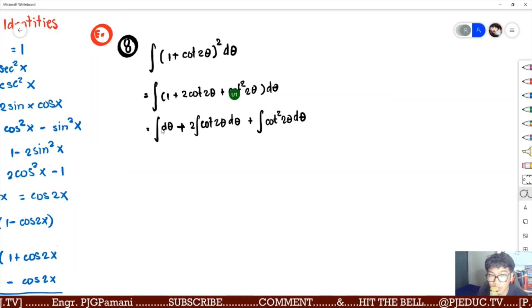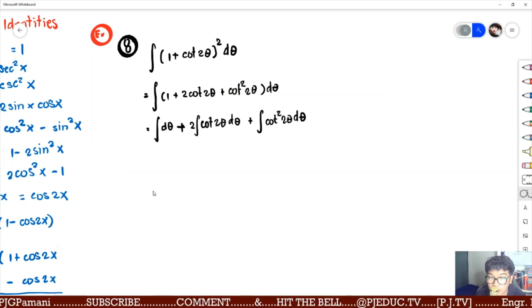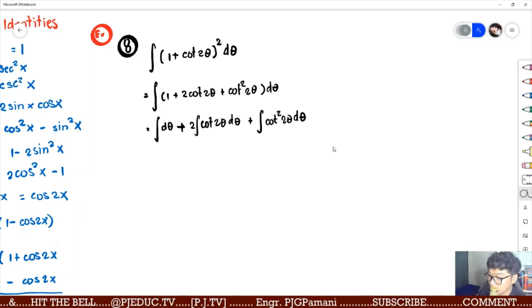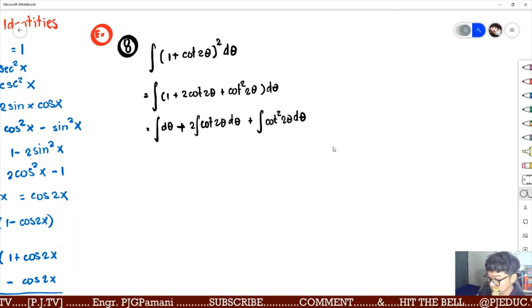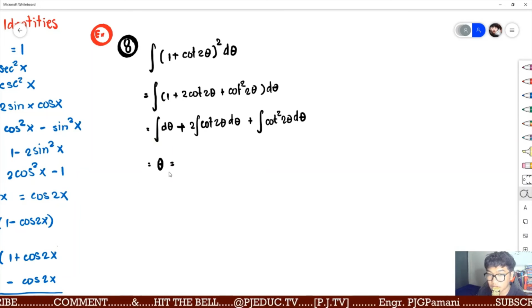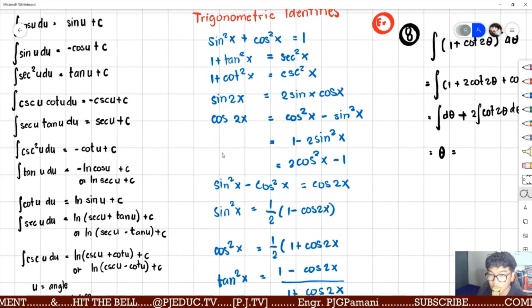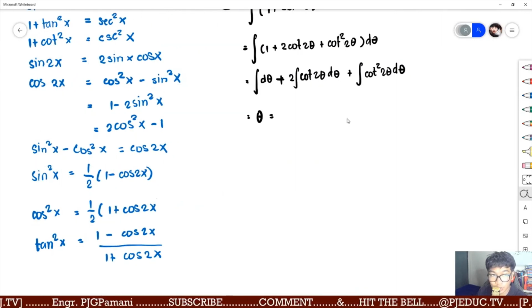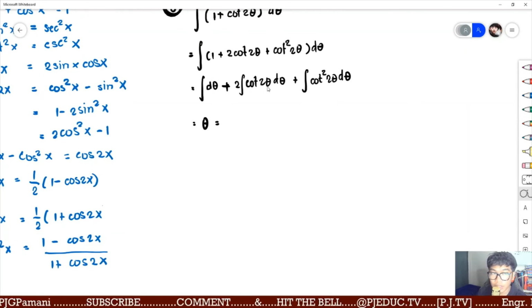So with this one, basic power formula, that is only theta, then apply our formulas involving trigonometric functions. Okay? That is theta plus 2 integral of cotangent theta. Check natin dito. Integral of cotangent is simply ln sine u. But we have a term 2 theta here.